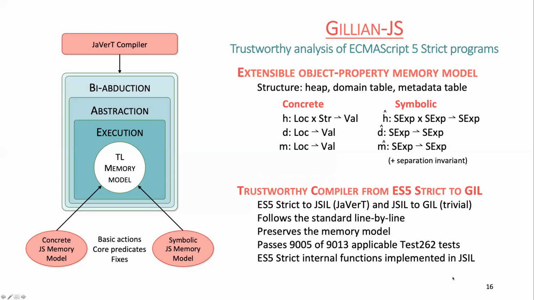They're implemented in our intermediate language, GISL, which is what the JaVerT compiler goes to, and then we've gone from GISL to our general intermediate language, GIL, which is trivial when we've got GIL instantiated with the JavaScript memory model.